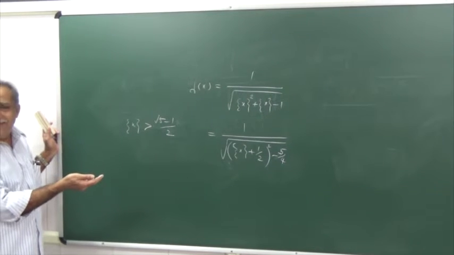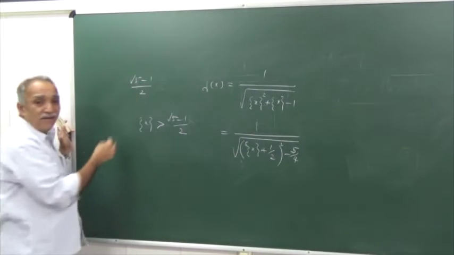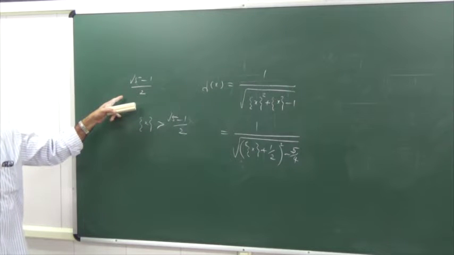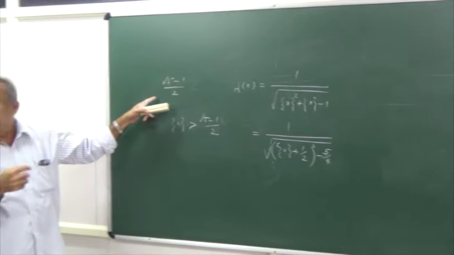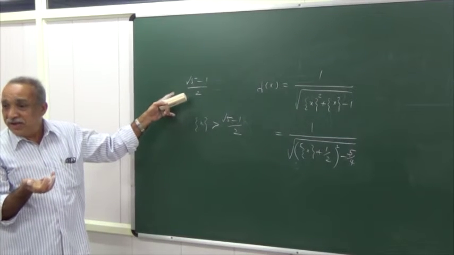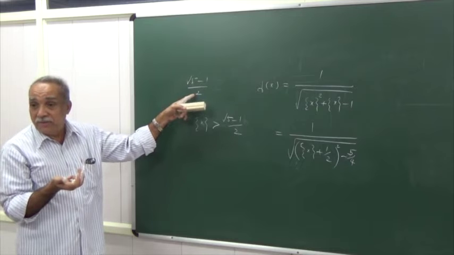Itself, what is the fractional part of this number? You notice, just now notice, it is just greater than half. 1 point something divided by 2, just greater than half. What is its fractional part? Itself is one number having fractional part equal to that quantity.